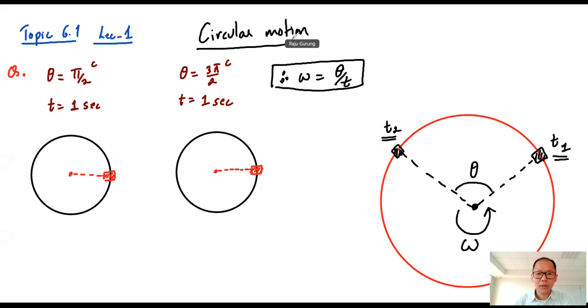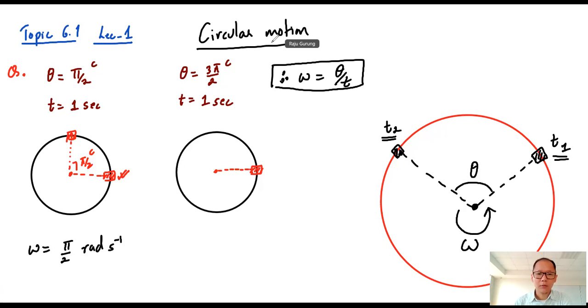So in 1 second, the object, which started from this point here, will reach here. When t equals 1, the angle it traverses is pi over 2 radian. So I can say my omega here is pi over 2 rad per second.